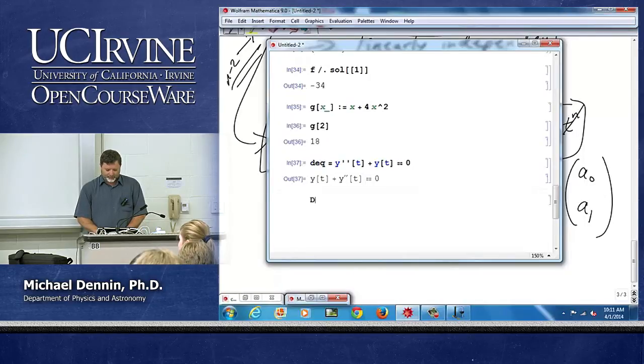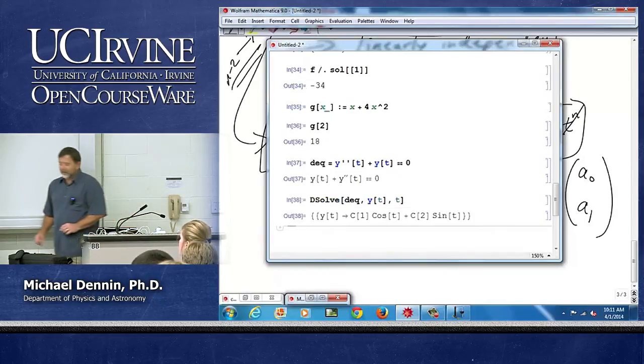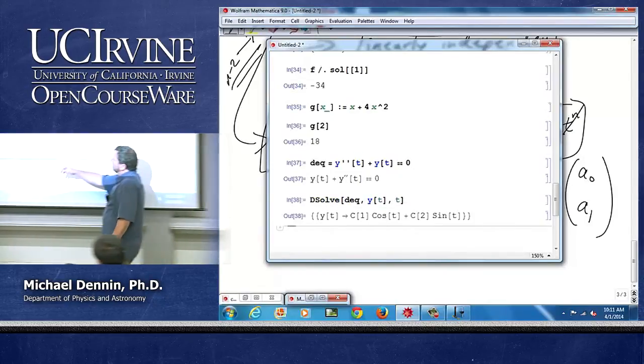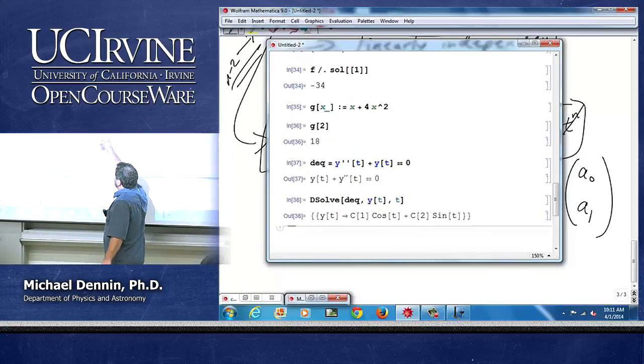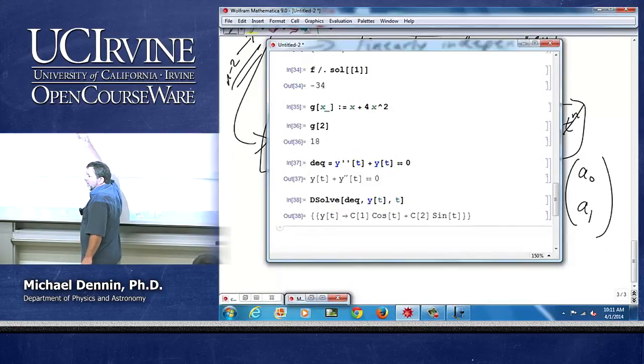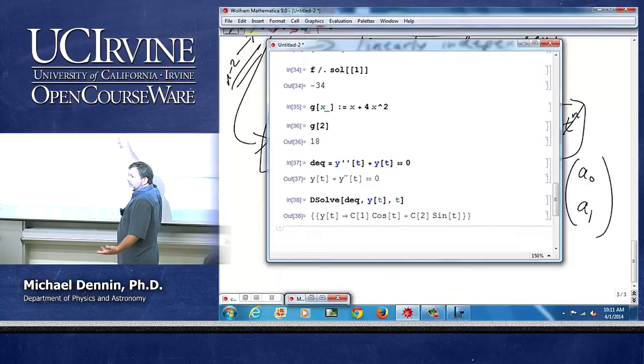Now, I can solve this. In solving differential equations, you need to tell it the differential equation you're solving, the function you want to solve for, which is y of t, and the variable everything is with respect to, t. And notice I get cosine plus sine, I get my two constants, and I get it as a rule.